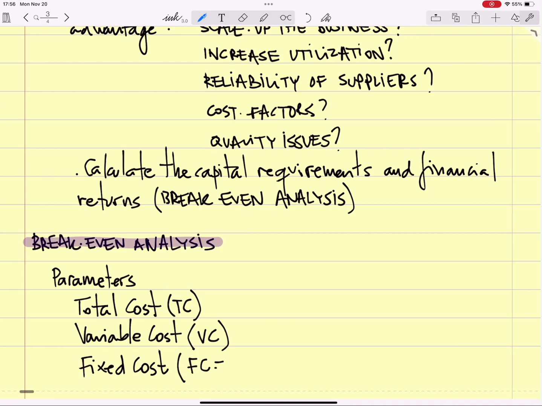The fixed cost equals the total cost minus the variable cost, or otherwise said, the total cost is equal to the variable cost plus the fixed cost.